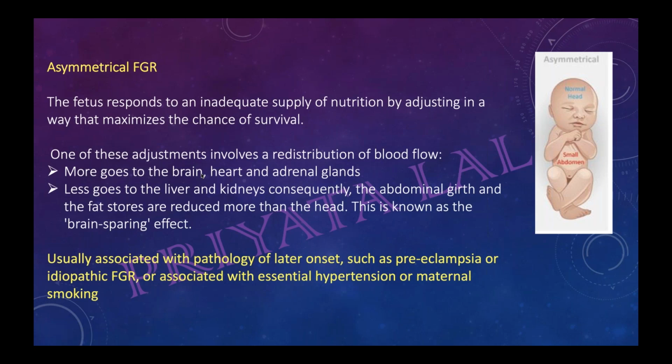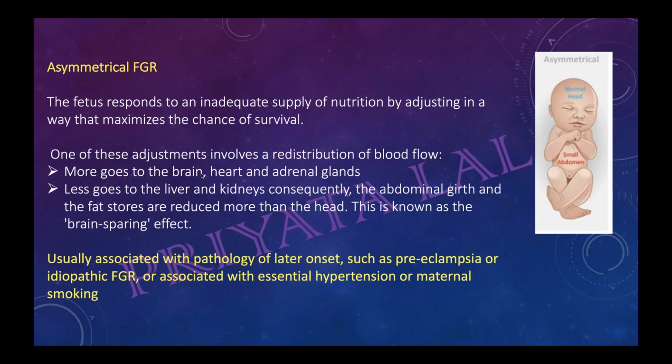So abdominal girth and fat stores are reduced compared to the head. This kind of effect is called the brain sparing effect. This is an adjustment of the baby's body that causes redistribution of blood flow, so the vital organs get more blood flow.